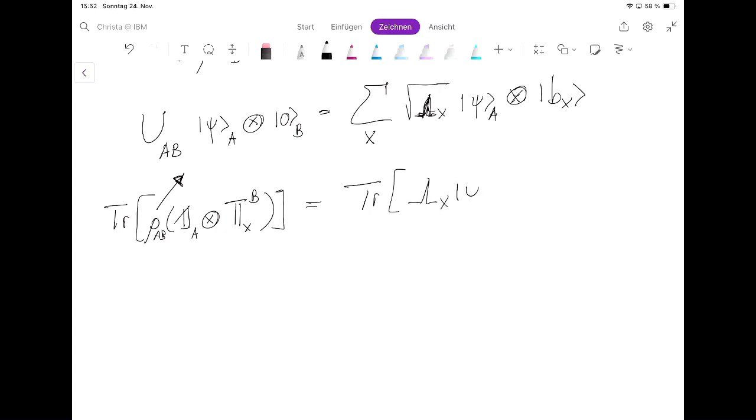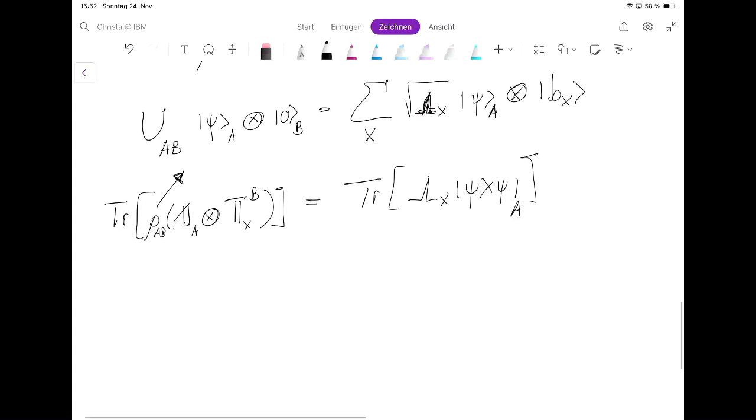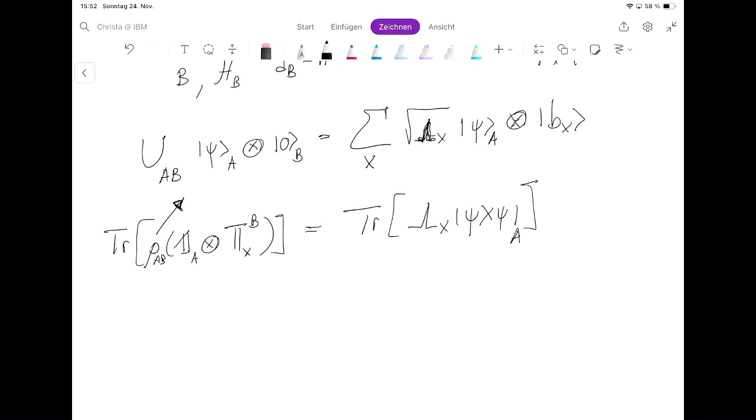The math is very simple to do. Okay? So up to the statistics, if I'm only interested in the statistics of the outcomes, I can essentially simulate the statistics of the outcome of a POVM on state A by doing projective measurements on an enlarged system.